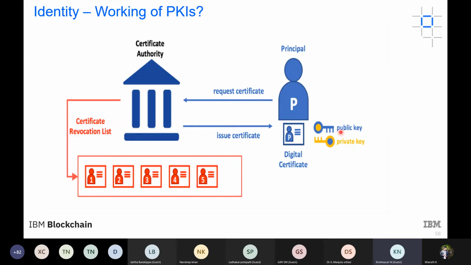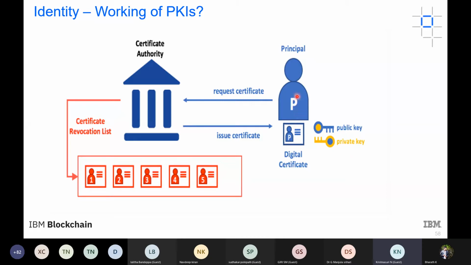The public key is known to everybody, right? So when I use it for signing my messages, they will come to know, by looking at the public key, that it is me who has signed this message. This is known to everybody, and the private key is very much confidential to me. Only I should have access to it. If this is compromised, then my integrity is lost.